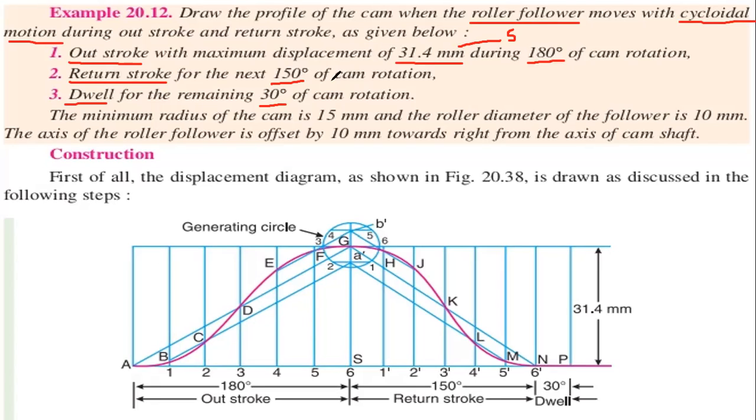For the outstroke, they have given the angle as 180 degrees, that is, half of the portion is taken for the outstroke, next the return stroke for the next 150 degrees, and the last one dwell for the remaining 30 degrees of cam rotation.